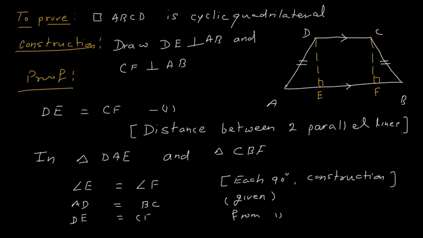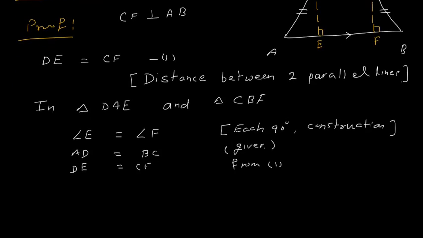So what we can say that? We can say that therefore triangle DAE is congruent to triangle CBF. Reason is it is a right angle triangle, hypotenuse is equal and one pair of side is equal.